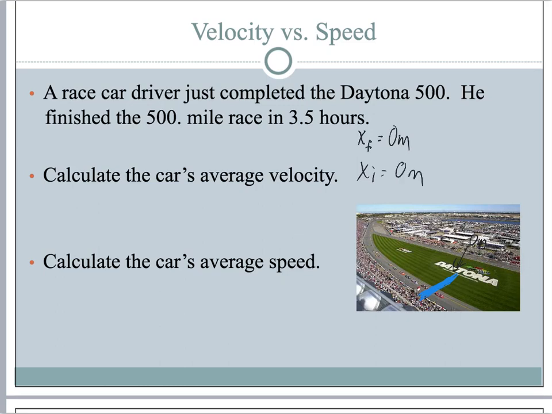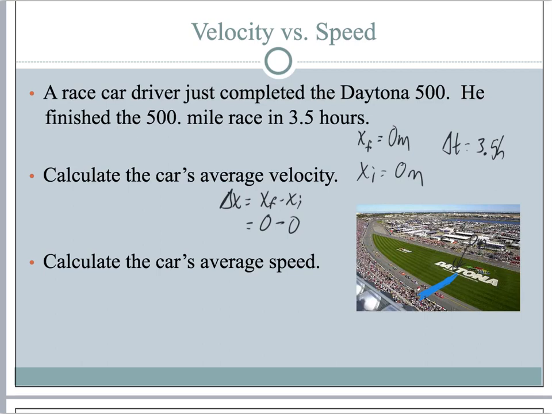The total change in time was 3.5 hours. It's very important to distinguish between distance and displacement. The displacement in this example is xf minus xi. Well, that would end up being 0 minus 0. And of course, we don't need to get our calculators out for that. We know that that's going to be 0.